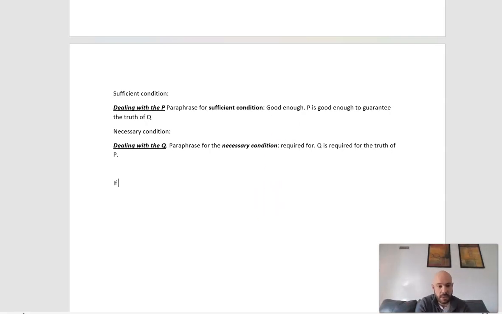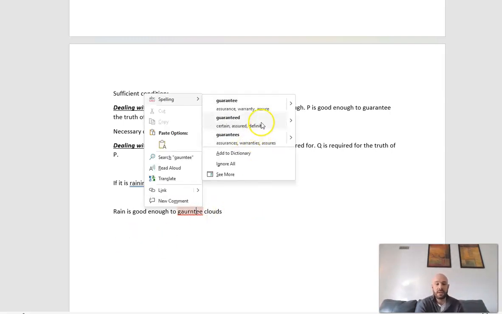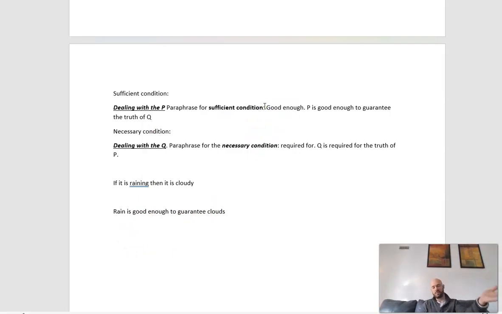So, for example, if it's raining, here the claim is that rain is good enough for clouds. And we can be more specific: the existence of rain is a guarantee that clouds are also actualized in a relevant area.